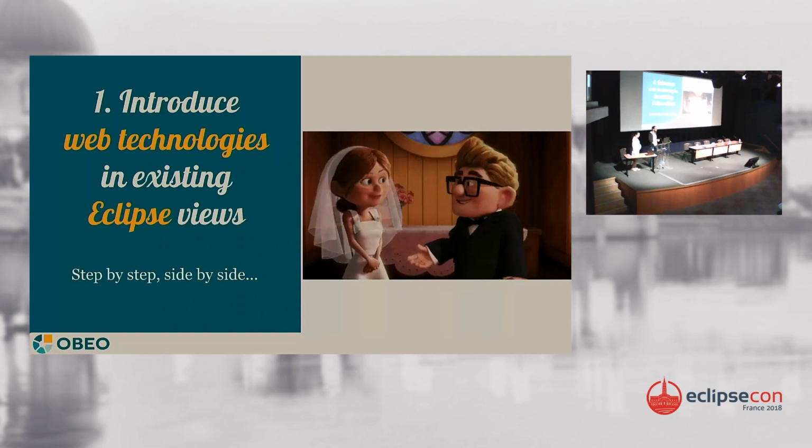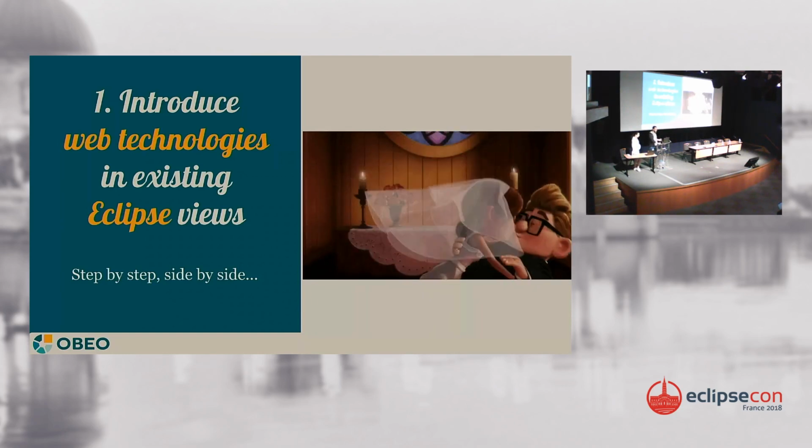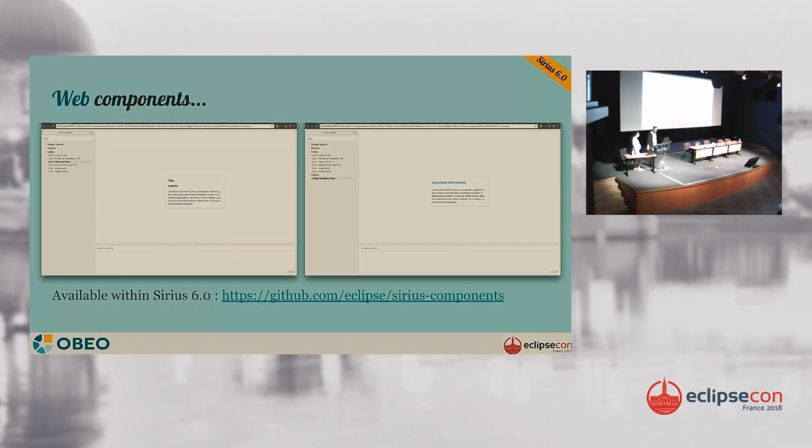At the same time, the same approach allows us to make sure that the new features we provide are still available right now to all our users who still rely on the classical Eclipse platform. So we are developing all these new features on top of a simple independent library of React components.